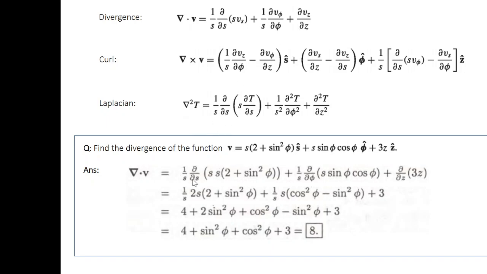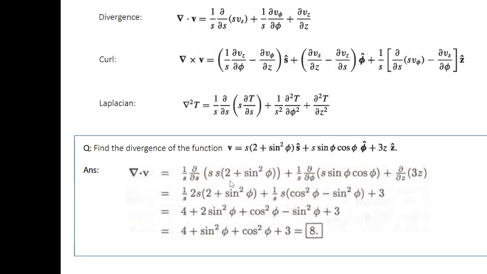So this gives you 1 over s dou by dou s of s into Vs, which is s into (2 plus sine square phi), plus 1 over s dou by dou phi of V phi, where V phi is s sine phi cos phi. Similarly, dou by dou z of Vz, where Vz is 3z. So these are straightforward derivatives.